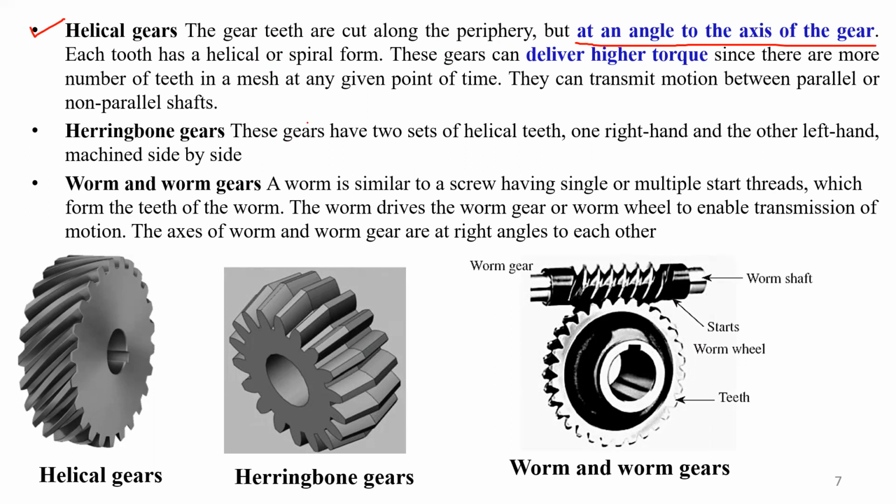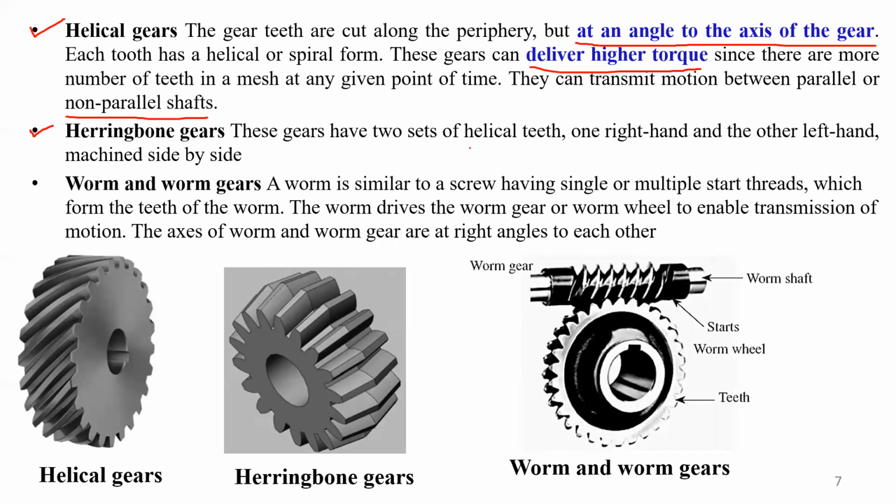Because of this, they can deliver higher torque, since more teeth are in mesh at any given point of time, so more torque is transmitted to the other shaft. When we want to deliver higher torque between parallel or non-parallel shafts, we use helical gears.